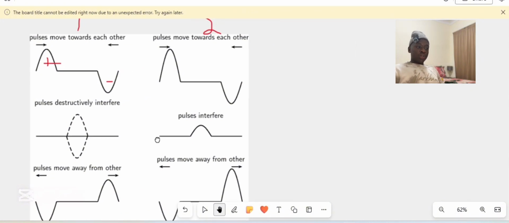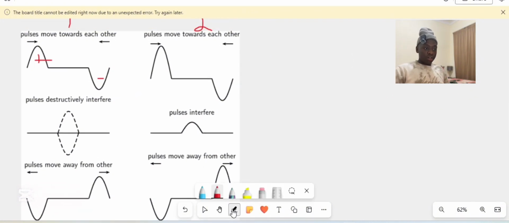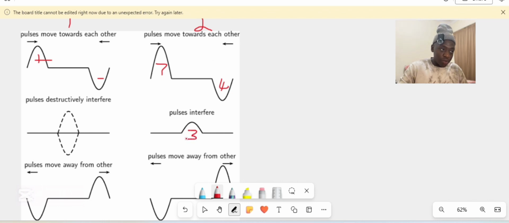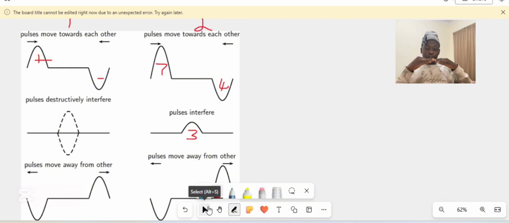Here, this one is a different one, a different theory. For example, here you can put 7 and here you can put 4. So 7 minus 4 gives us 3. So here is going to be 3, it's going to be 7 minus 4. And here is going to be 2. When they meet, they're going to minus each other.